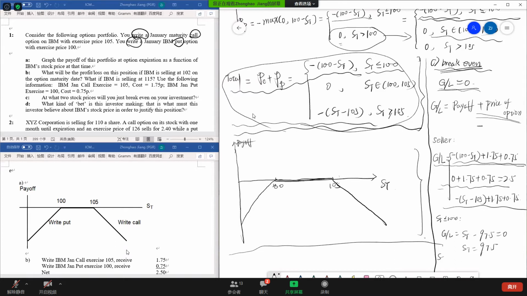And when the stock price is larger than 105, the gain or loss equals this. Simplifying this equation, it is 107.5 minus the stock price, and that equals 0. So the stock price is 107.5. This is for question 1C.